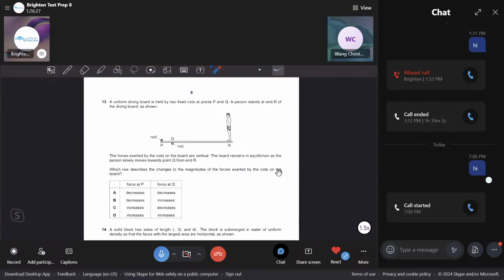Yeah, okay, please. As the person moves towards Q, his moment decreases, so the resistance that P has to provide on the rod is less. So the force at P decreases. Okay, yep.